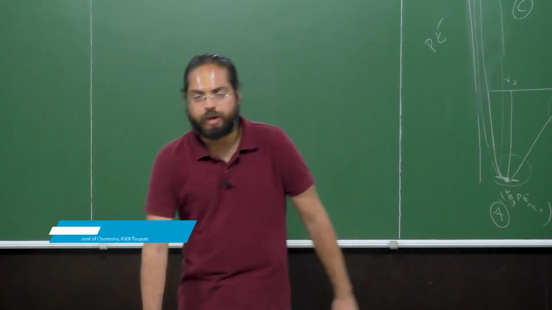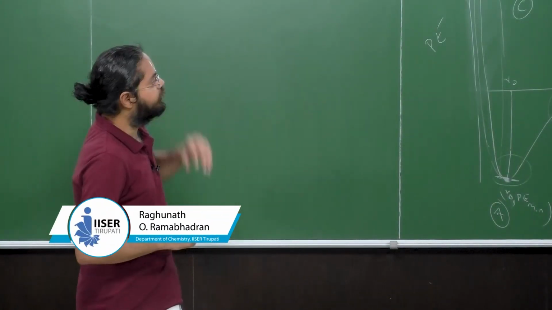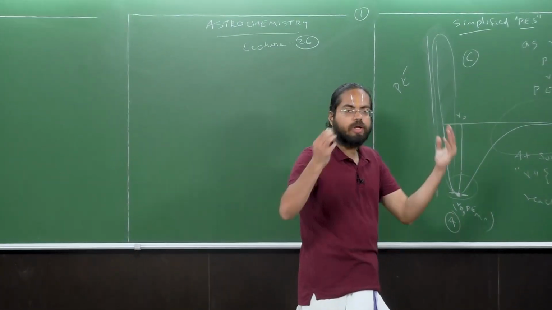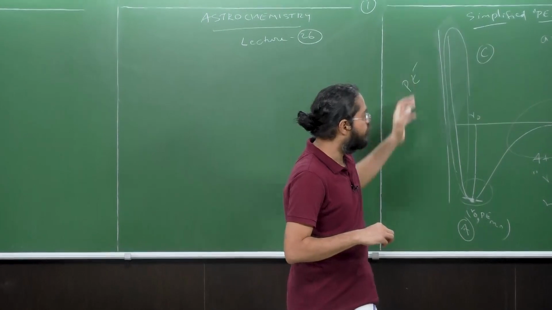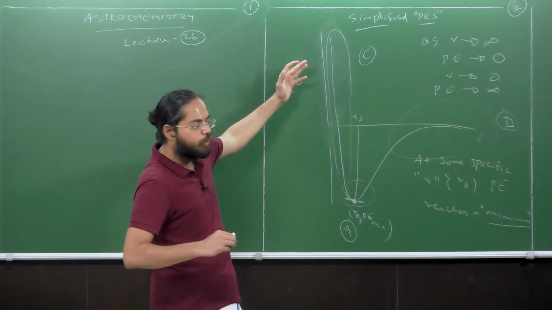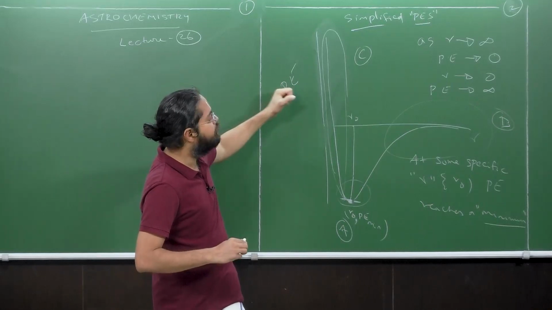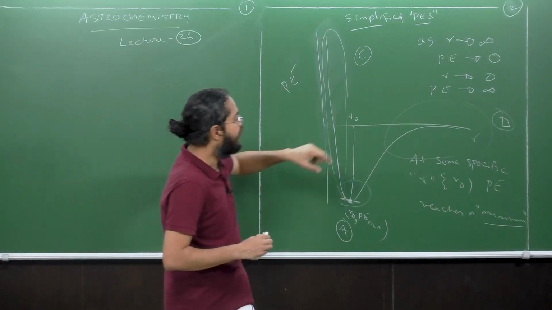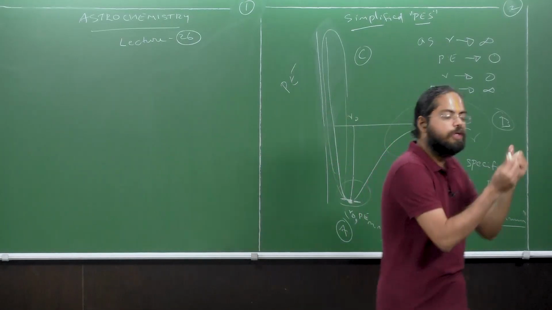Hello all. So welcome to Astrochemistry. This is lecture 26. Now, in the previous lecture, we had started looking at a simplified version of the potential energy surface, and I had told you about the plot of P versus R, where P is the potential energy of a diatomic molecule and R is its internuclear distance.